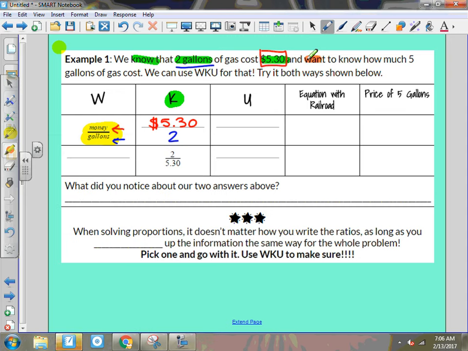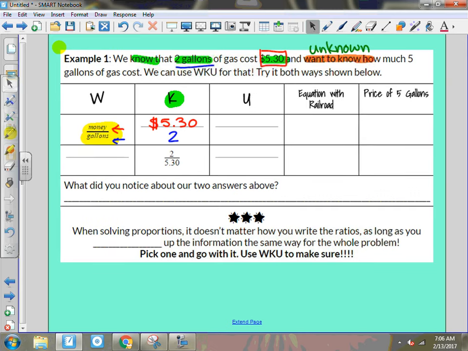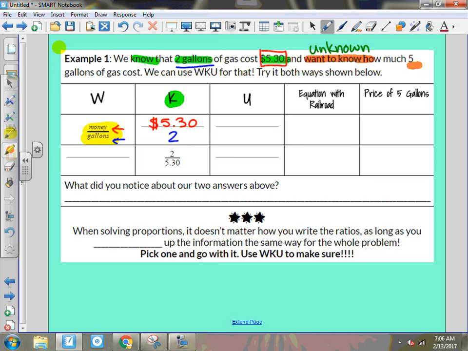This is stuff that I don't know, unknown: how much 5 gallons of gas is going to cost. So I know I'm going to use that 5 right there. That 5 goes with 5 gallons. So even though it's on 2 lines, I've got to remember that that's where I'm going to put it.